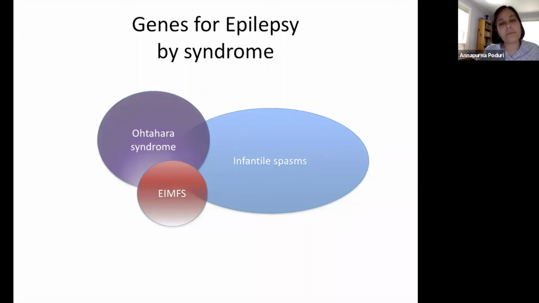And I point this out because babies with infantile spasms often grow up to be kids with ongoing epilepsy, sometimes Lennox-Gastaut syndrome, often with intellectual disability, the majority with intellectual disability. And so the pediatrician may not necessarily recognize that way back when this child was a baby with infantile spasms. That's important because we as epileptologists will take that history. We'll ask the parents what the seizures look like.